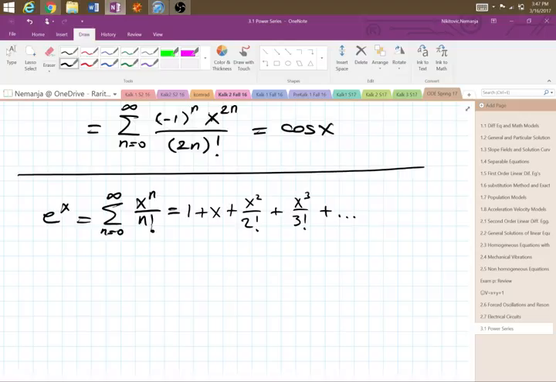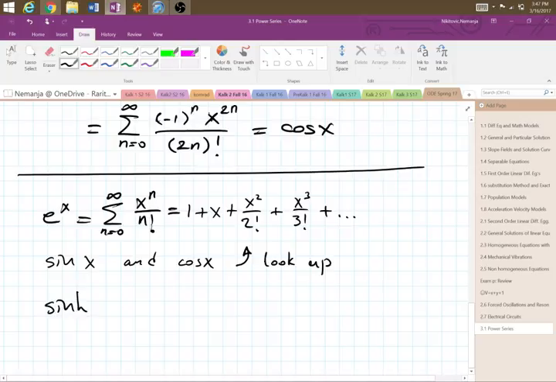Now we have sine and cosine, which you have above. Then we have sine hyperbolic x. Sine hyperbolic x is going to have the same thing as sine x, except there will be no alternating term, negative 1 to the n.